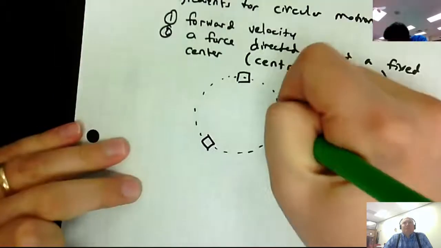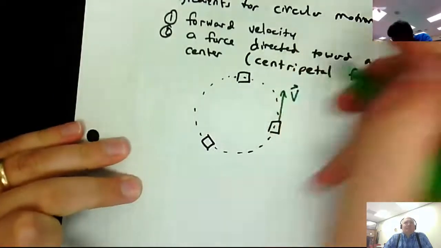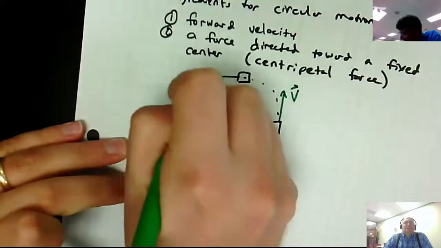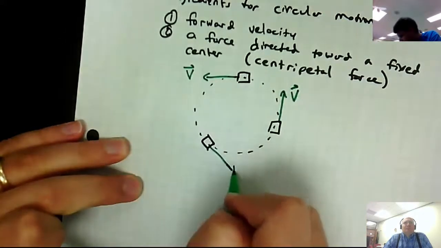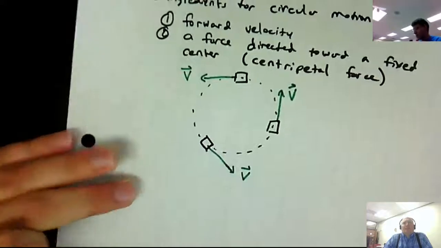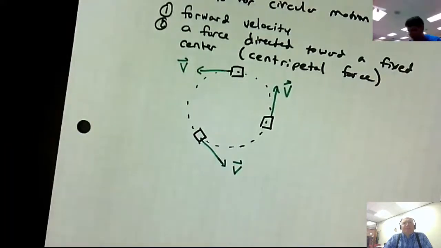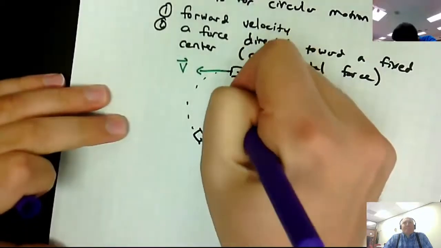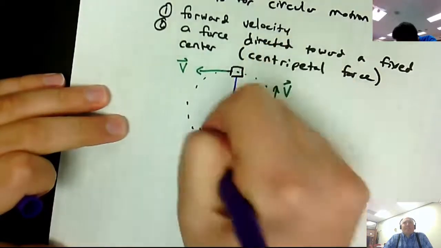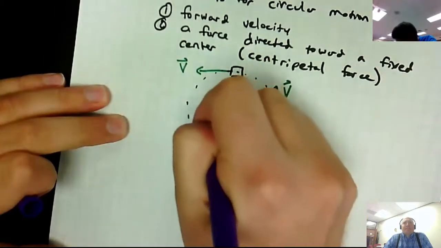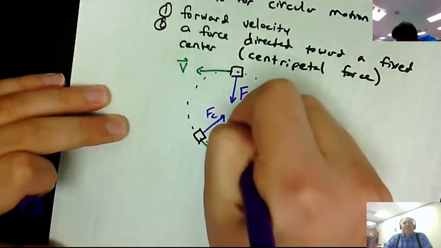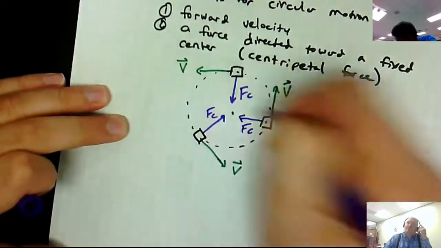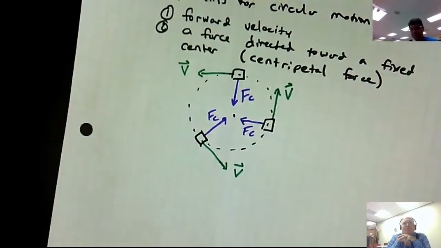So I'm going to draw a velocity vector that is constantly changing direction. And then it's also going to have this thing called a centripetal force, which I will label as FC. And the centripetal force always needs to be directed towards a fixed center.